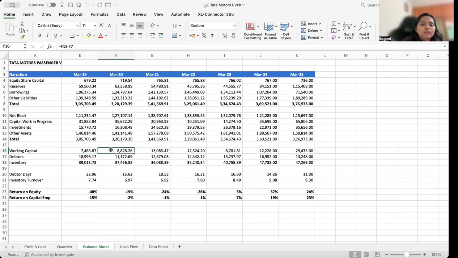In the year 2022, the same formula is used: other assets minus other liabilities. For every year, I use the same formula.